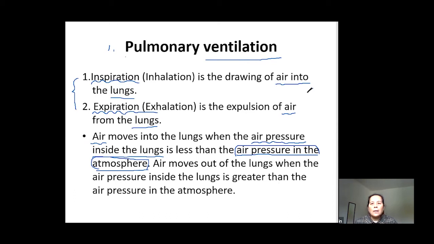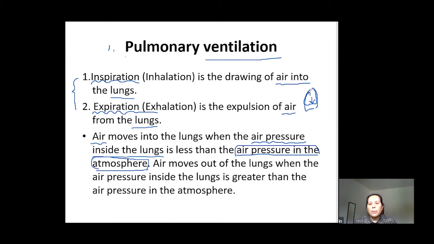Inhale, the chest cavity gets bigger and the lung gets bigger. Certainly the pressure will decrease, so the air goes in. Exhale, the chest cavity gets smaller and certainly the lung gets smaller.